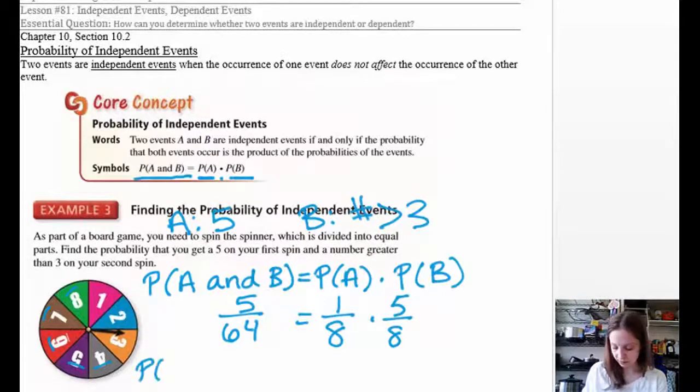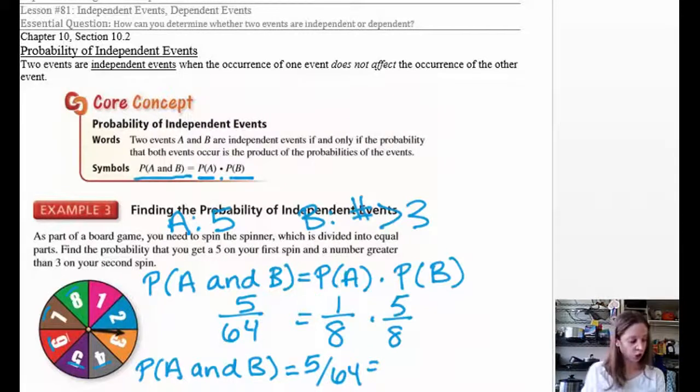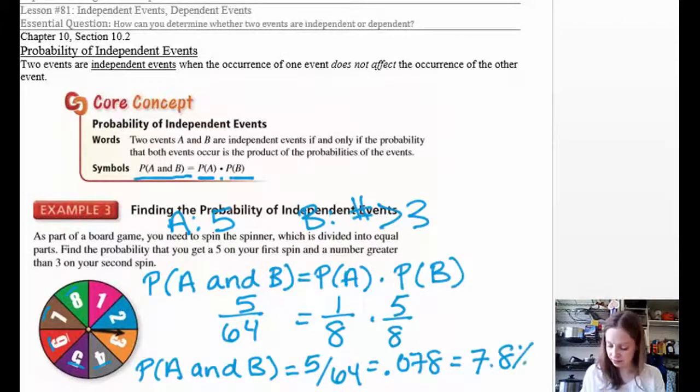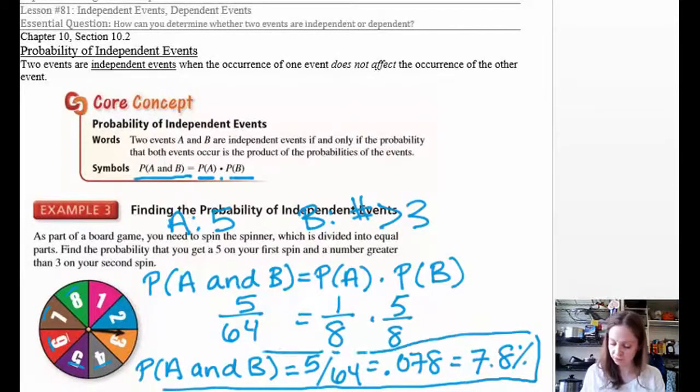So the probability of A and B occurring is 5 over 64, which can be written as a decimal, 0.078, or as a percent, 7.8%. Any of those three answers are equivalent. You should be comfortable converting to all three answers.